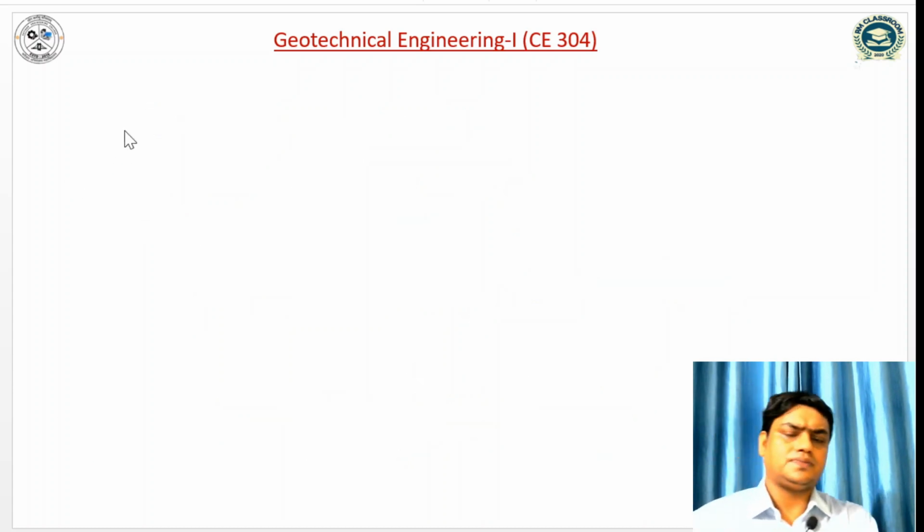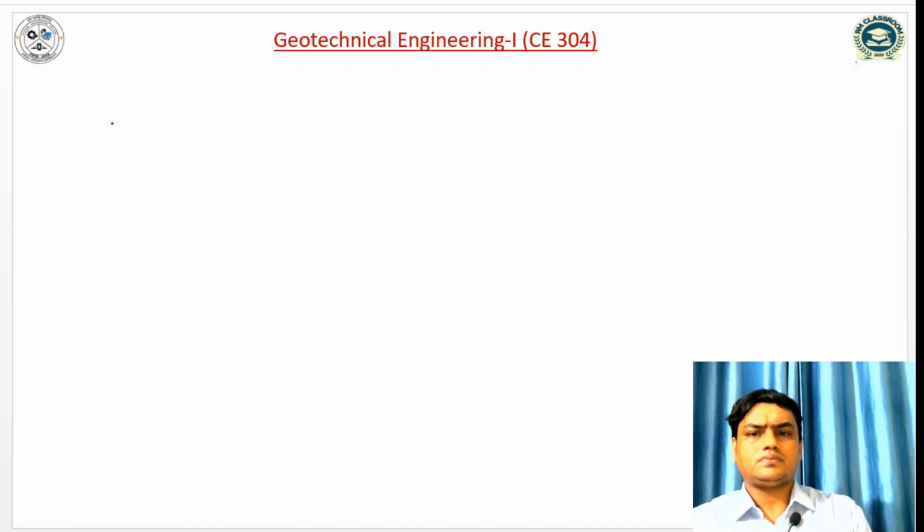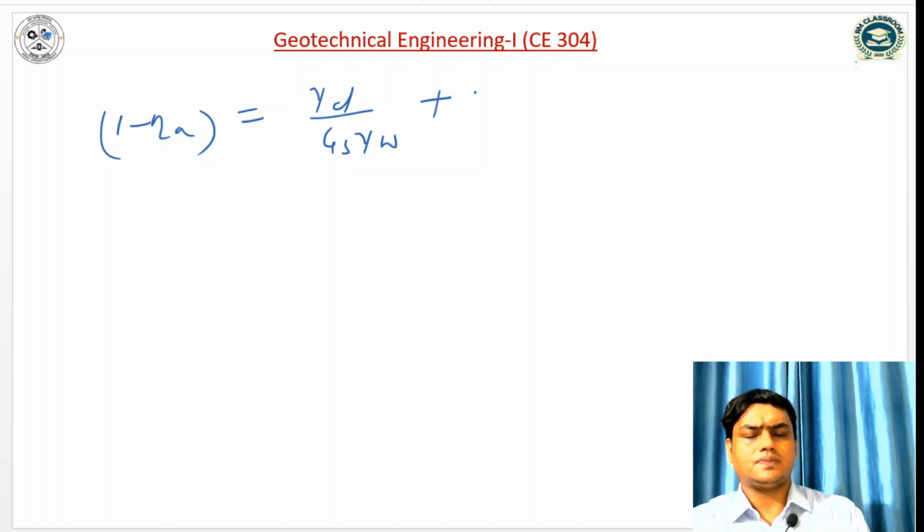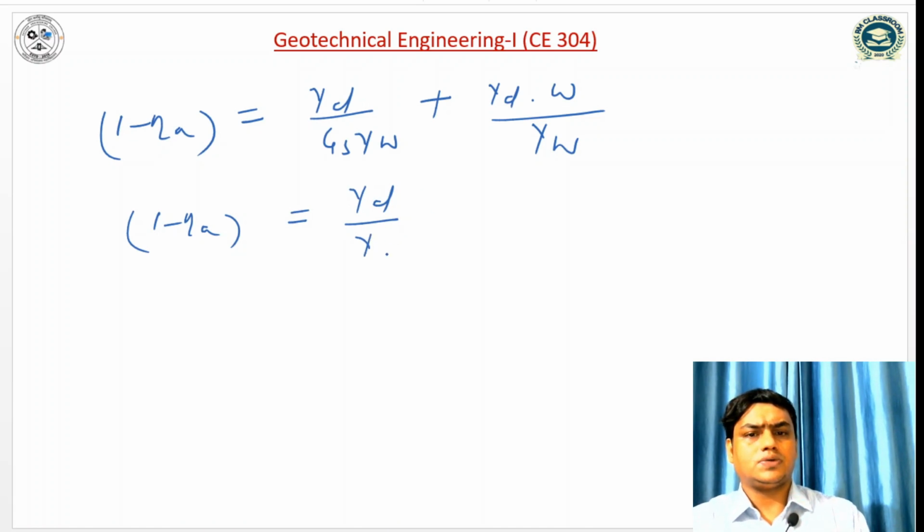So we can write 1 minus percentage air voids is equal to gamma D by Gs gamma W plus gamma D into water content divided by gamma W. So if I take common gamma D by gamma W, it is 1 by Gs plus w.